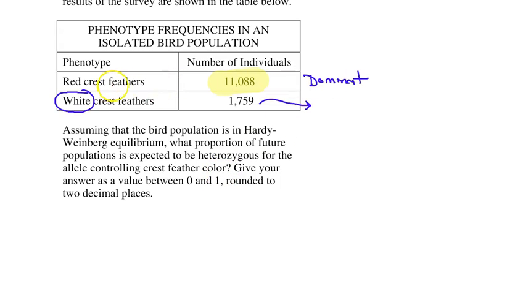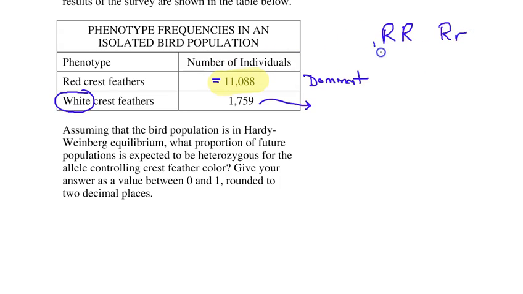Well, the red crest feathers are dominant, and if we want to do that as R, we know that. Now, if we have this many individuals that are red crest feathers, these individuals could be RR, homozygous dominant, or they could be heterozygous. I don't know.